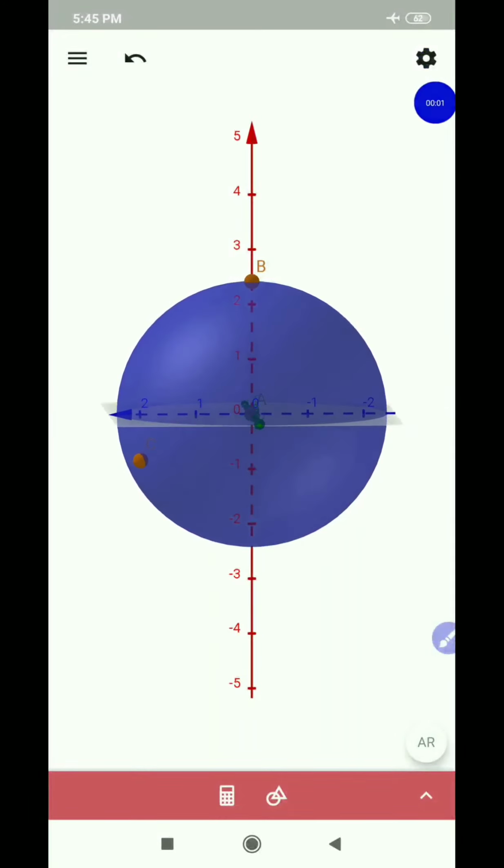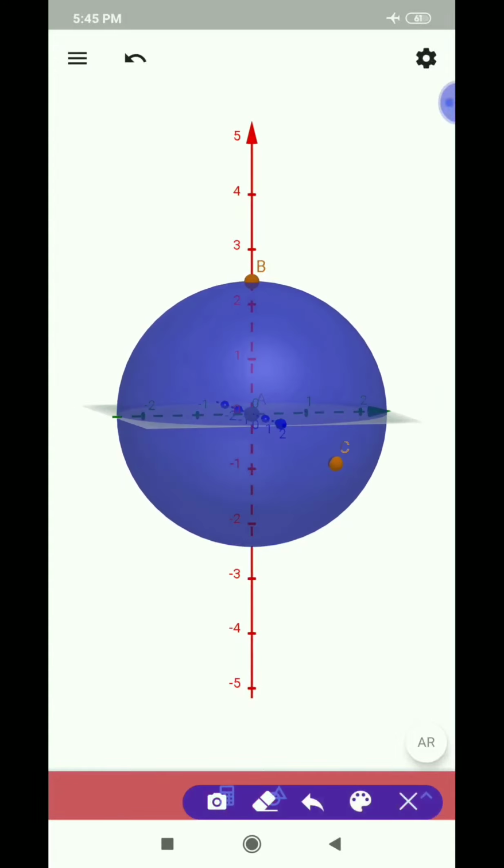What is this figure? Yes, it is a sphere, and we like it very much. Did you observe that the curved surface area and total surface area are the same?